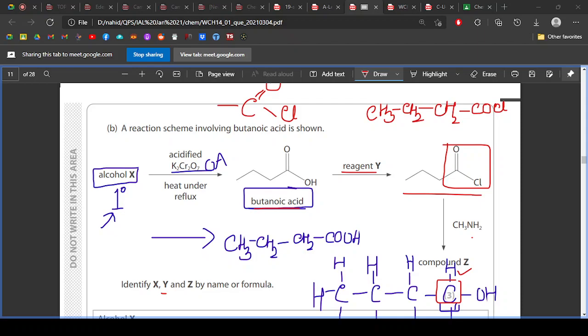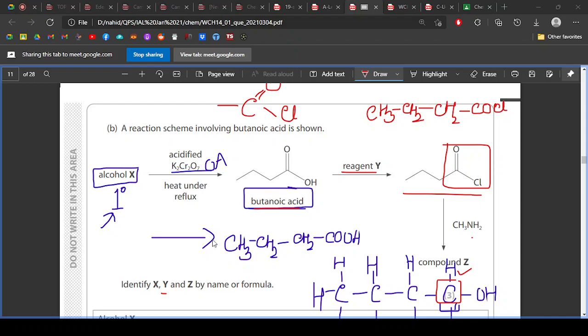Do you remember? Okay, if you remember, we talked about acyl chlorides back in unit 4, in topic 15C, perhaps.